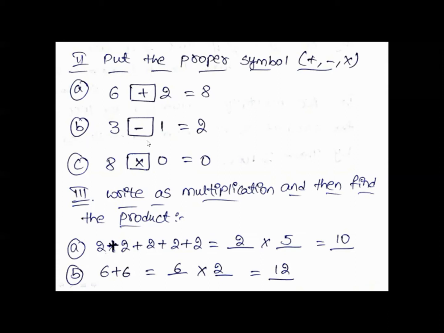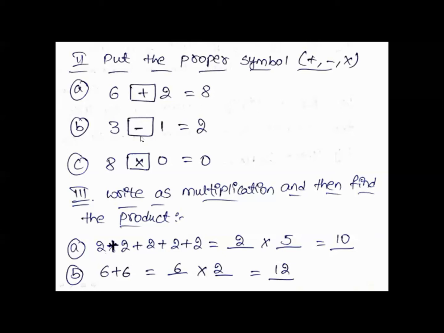Next, B1. 3, 1. In between, what do we have to fill? Proper symbol, what? Into? No, because 3 ones are 3, we will not get the answer. When we write plus, 3 plus 1, 4. Answer is correct? No. Then 3 minus 1. We have to minus 1.